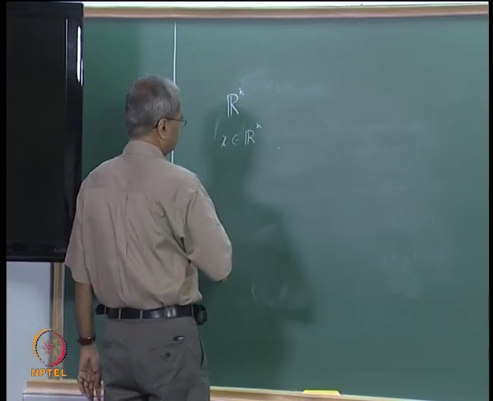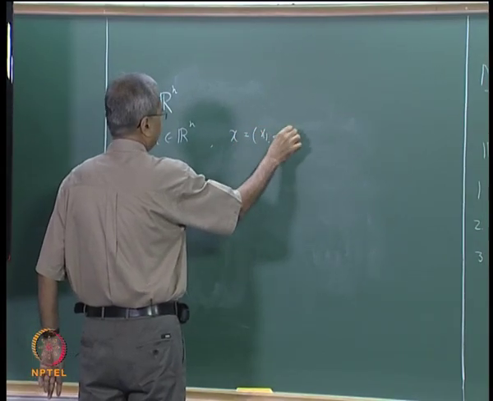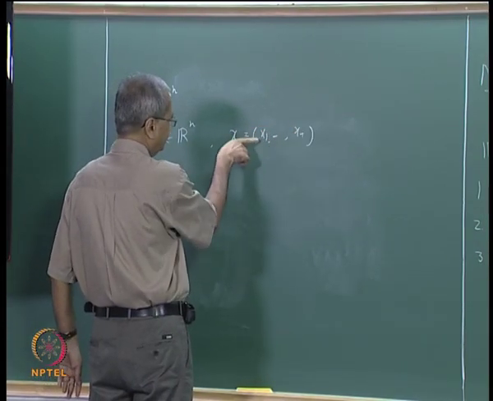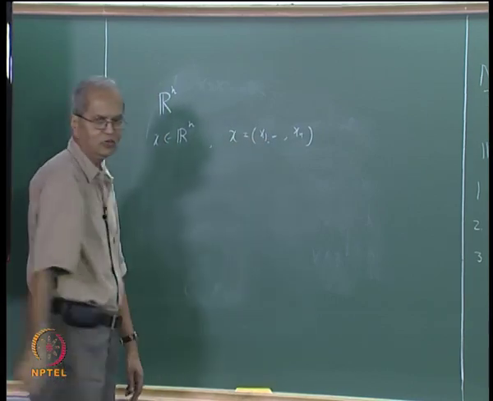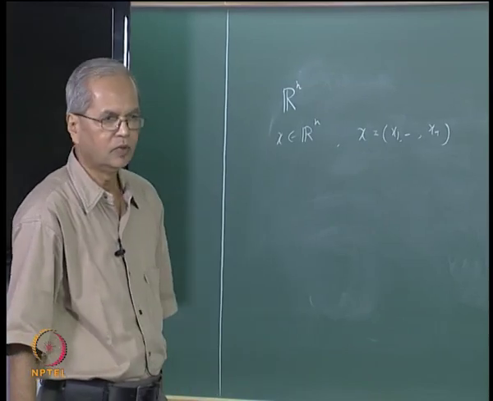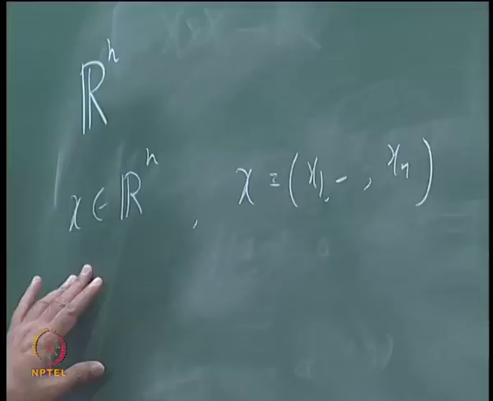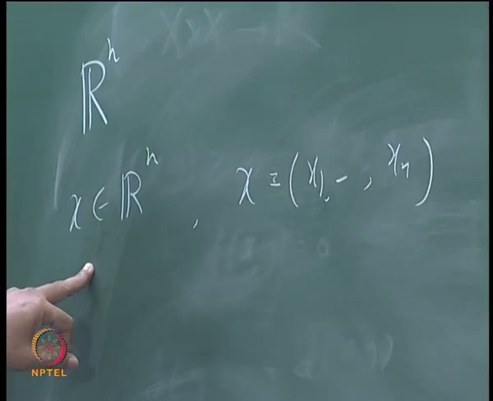This means x is of the form x1, x2, up to xn, and as you know these numbers x1, x2, xn are all called coordinates. xj is the j-th coordinate. So I will define a norm on this. In fact, not just one norm, but what is called a family of norms.